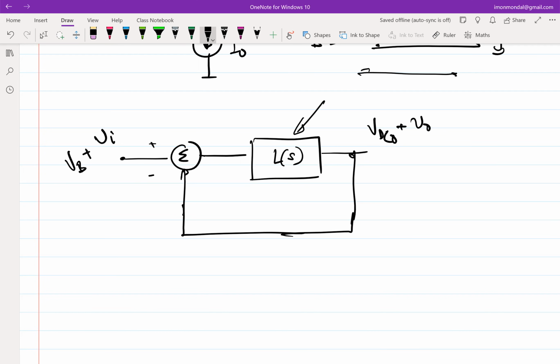The way out is this: you are trying to find the transfer function between the input and output nodes of L of S, that is VE and V0. V0 over VE is your gain, and you are trying to maximize that gain. But you can only get gain from an active device if it is biased properly, so you have to assume it has been biased properly and then proceed.